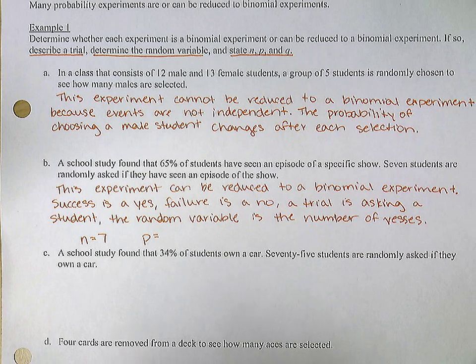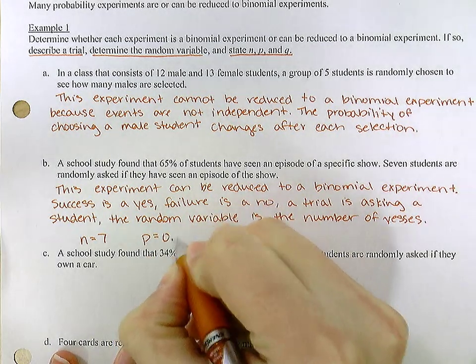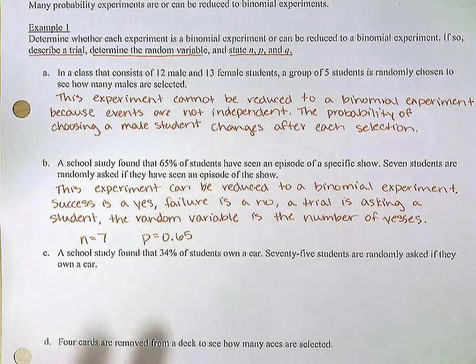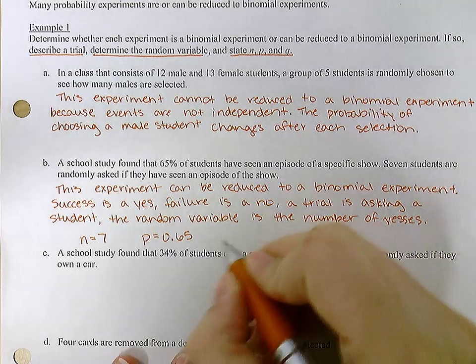It's in the problem itself. 65%. So I'm going to write that as a decimal. Probability we want to write as a decimal because your probability has to be less than 1, which means 100%.